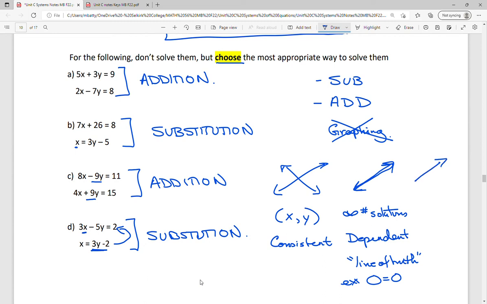We also have an inconsistent system as our third reality. That one, there's no solution. We say it's inconsistent. And in the algebraic approaches, what we got was a line of garbage. And the example I would use is that like 3 equals 9 or something like that. And so that's really the synopsis of our system so far. We're going to move on in our linear relations and do linear inequalities in the next.